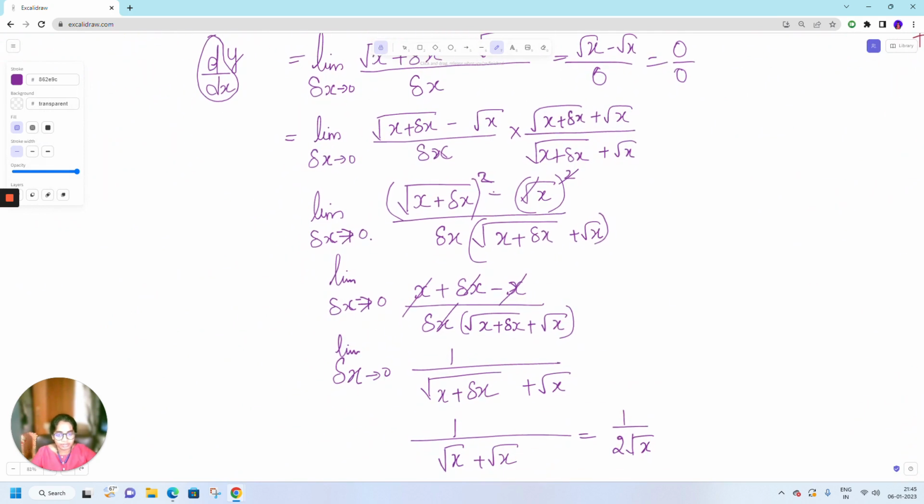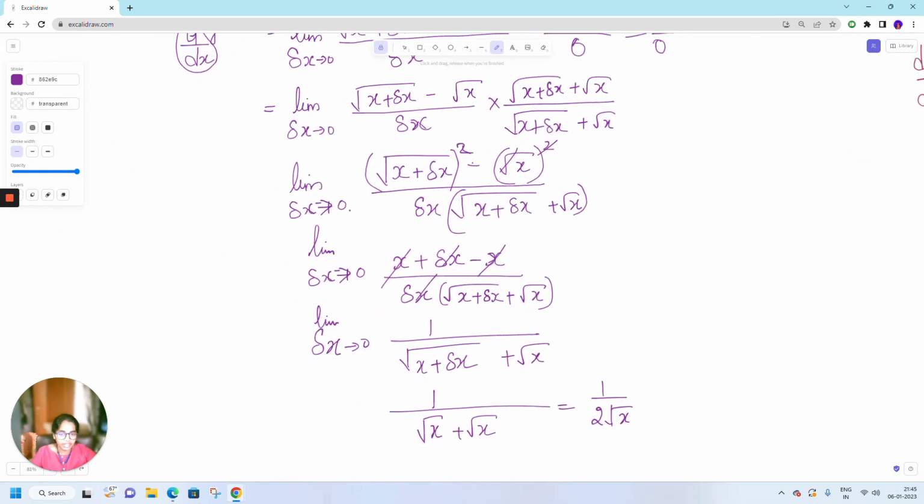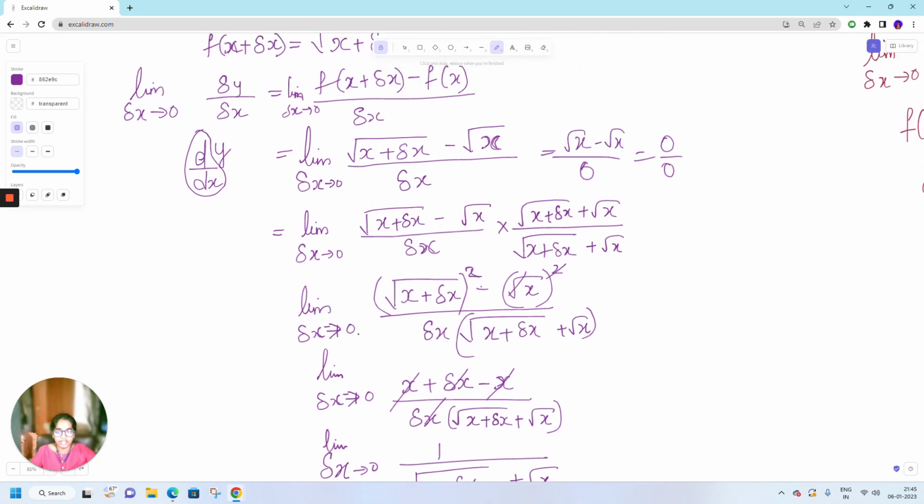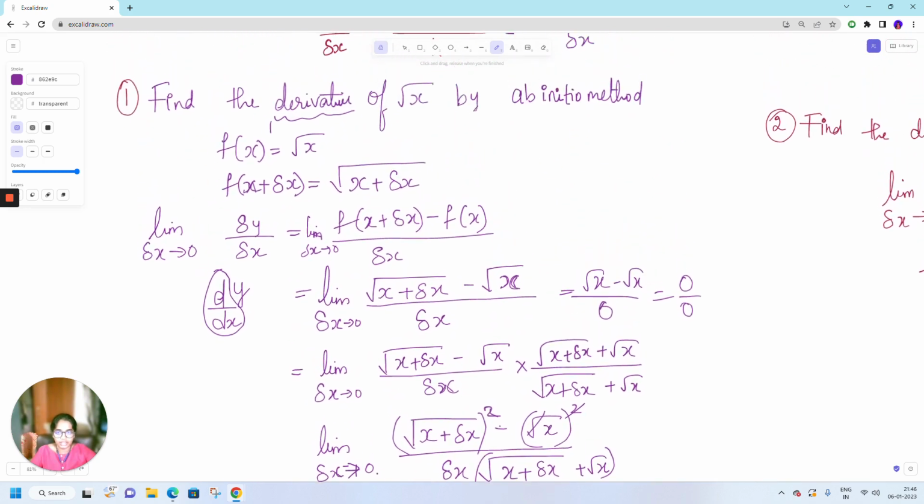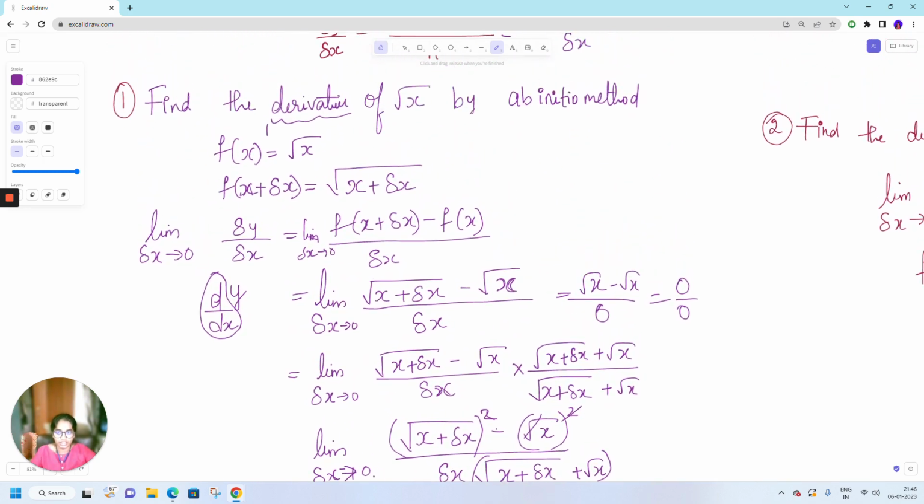Then we try taking del x common or check if we can cancel del x directly. After that, we apply the limit and we arrive at our desired answer, that is the derivative of the given f of x. So that is it for today's class. Thank you.